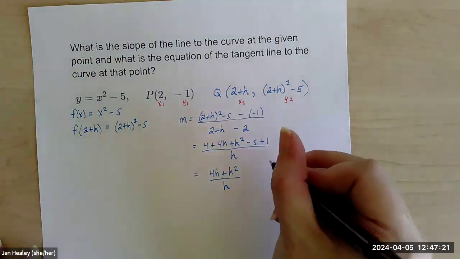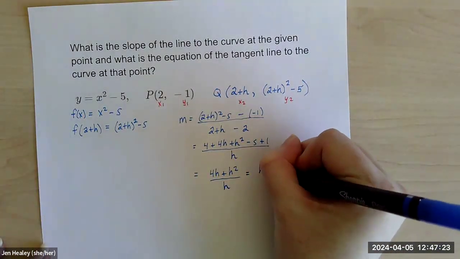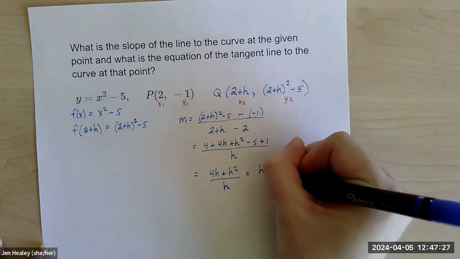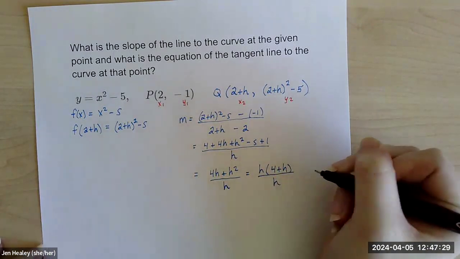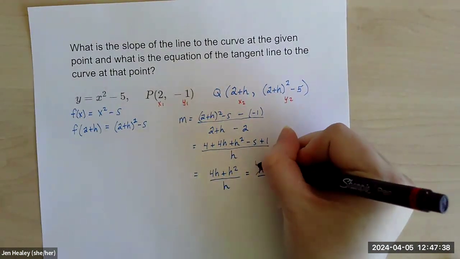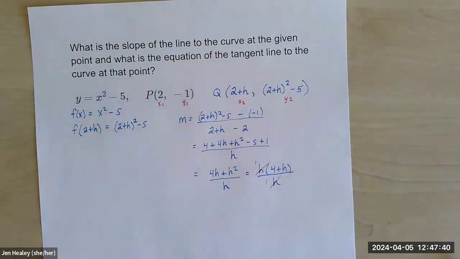So we're going to factor the h out. And now that I've factored one h out, I can go ahead and cancel that h from the top and bottom. So I'm dividing h divided by h.